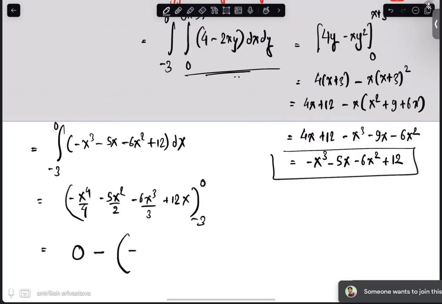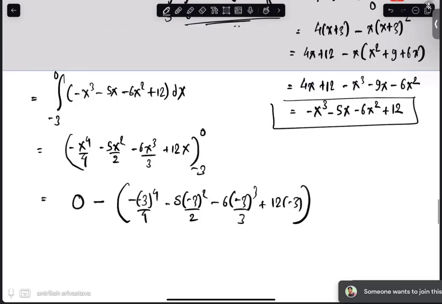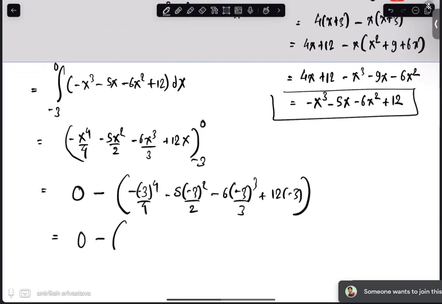Then minus of values for x, so minus 3 power 4 by 4 minus 5 times minus 3 square by 2 minus 6 times minus 3 cube by 3 plus 12 times minus 3. So you have 0 minus of minus 3 power 4, that's 81 by 4, minus 5 into 3 square, 9, 9 fives are 45, divided by 2.